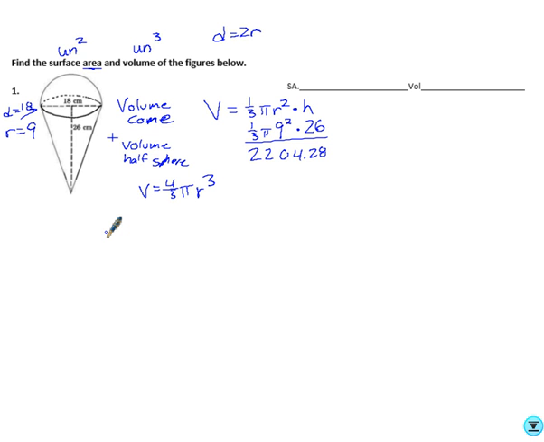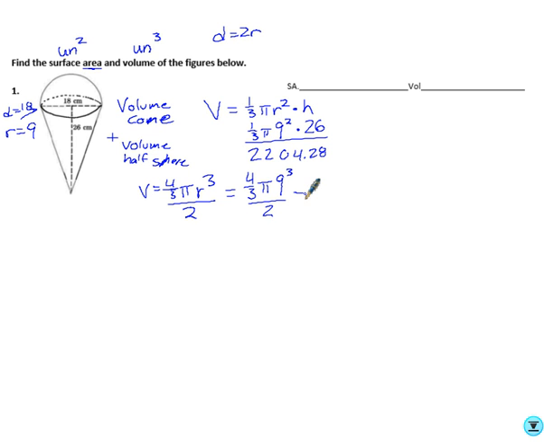So that's the volume of an entire sphere. We're not doing an entire sphere, we're doing half of that, so I'm going to divide all of that by 2. Notice that the radius for the cone was the same radius for the sphere, so the only thing we're substituting in there is that 9 for the radius.